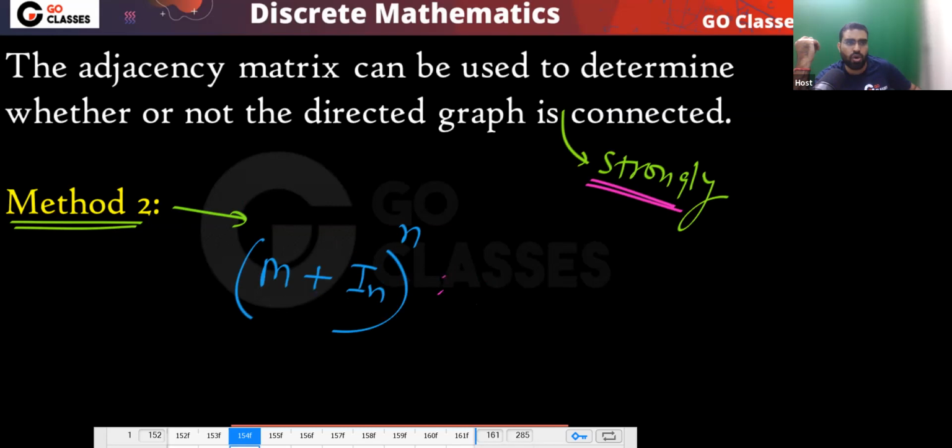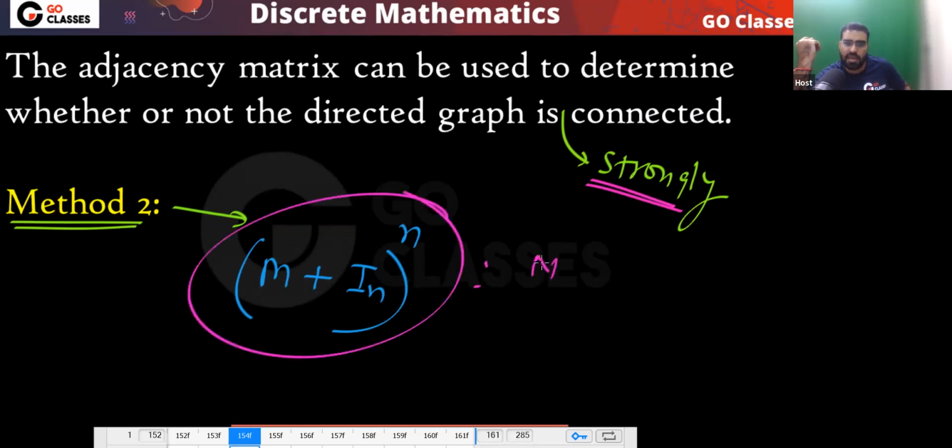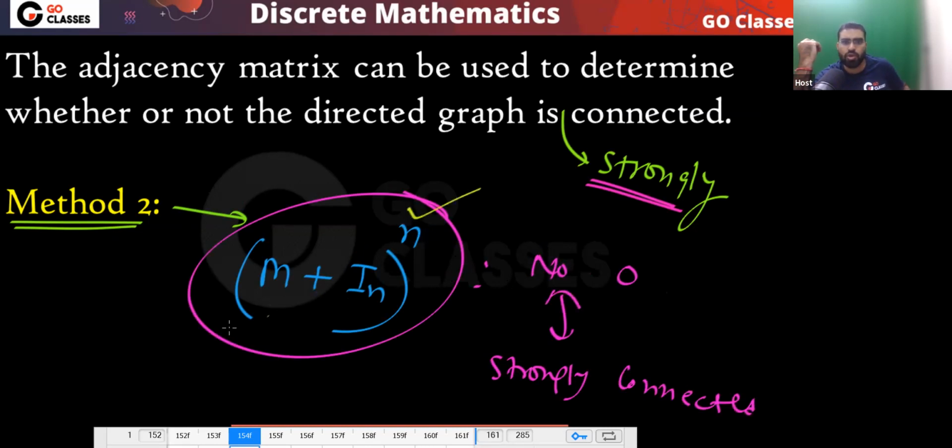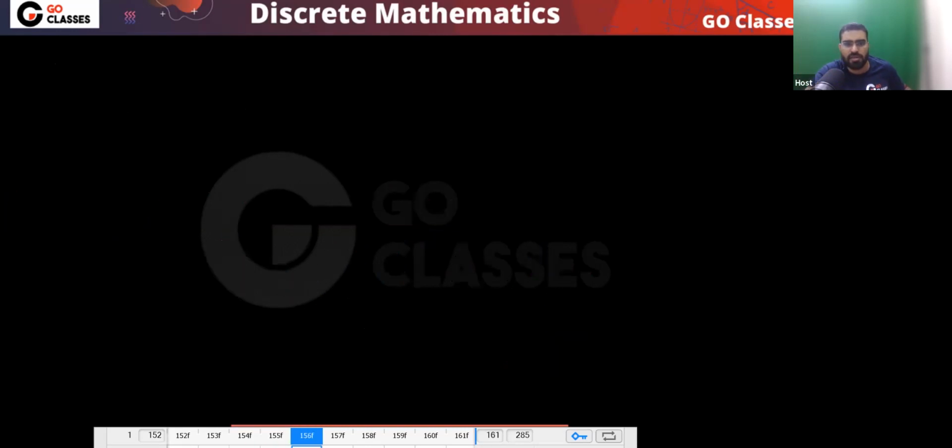If this has all non-zero entries, then no zero implies strongly connected, and if strongly connected, then no zero. This is the only difference, nothing else.